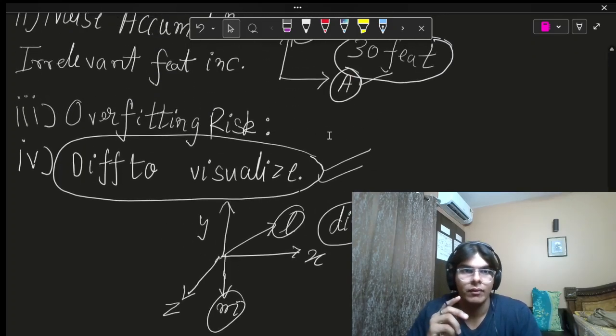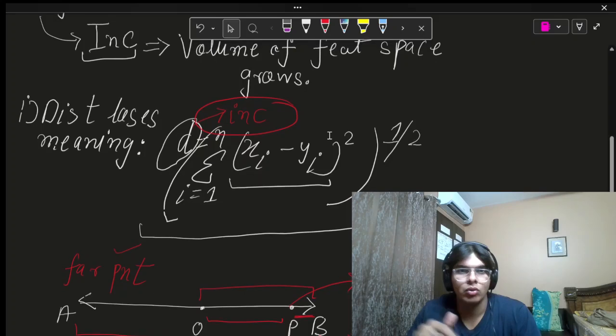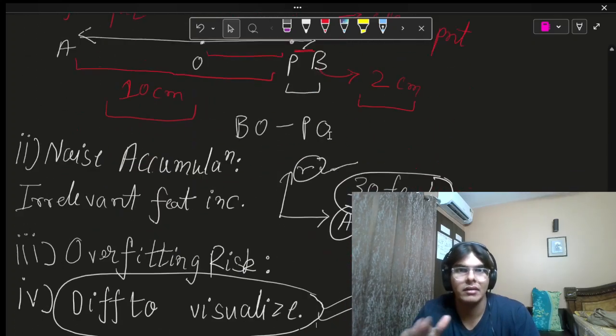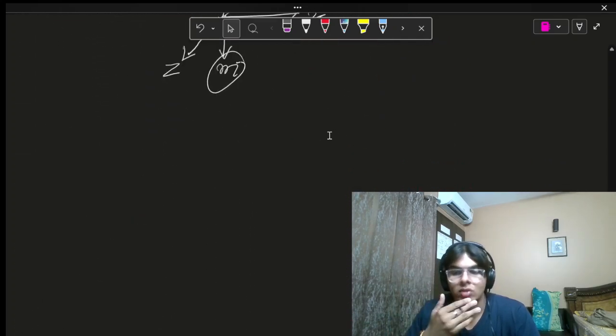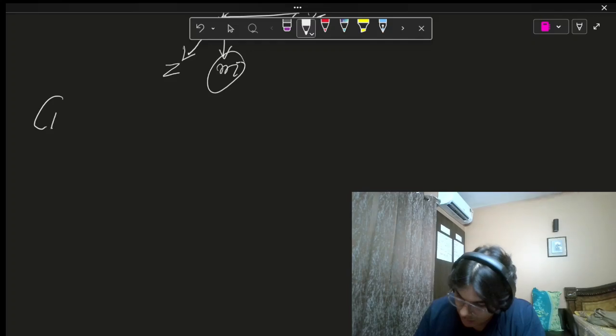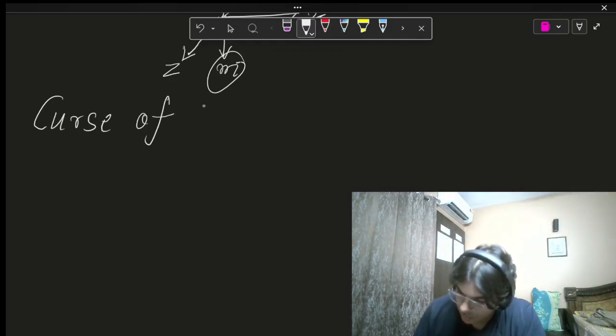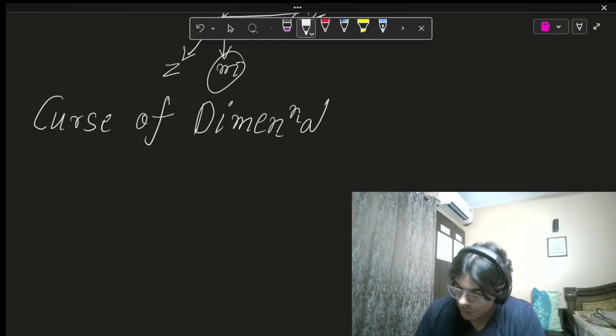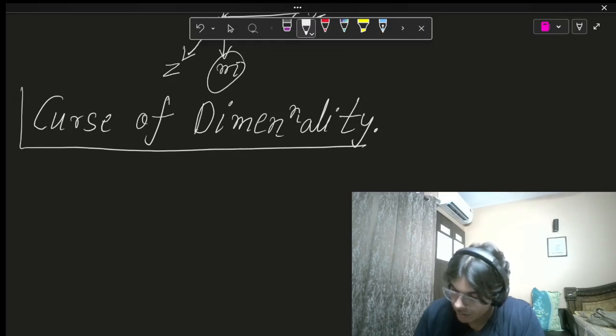Okay, first of all, what are these problems collectively called? So all of this ruckus that increasing the dimensionality is causing, these problems are collectively called the curse of dimensionality. Okay, very popular statement in machine learning. You must have heard it, the curse of dimensionality. Okay, it is called a curse because it does not bring along a single advantage but multiple disadvantages. Now I have stated only four.